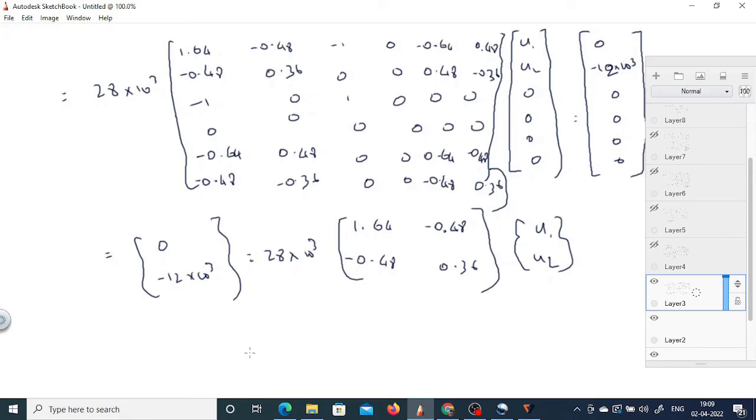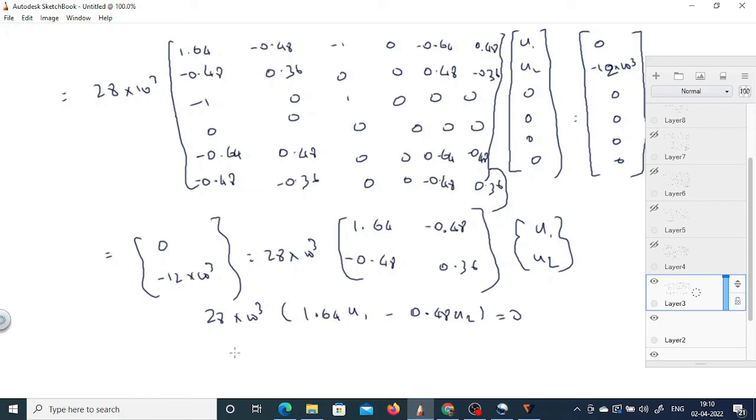Now I can frame the equations. So the equations are the 28 into 10 cube, 1.64 into u1 minus 0.48 into u2, which is the matrix multiplication.